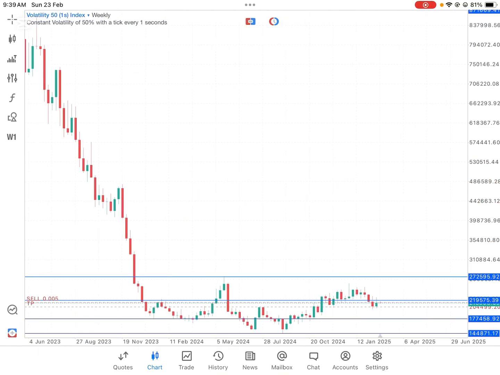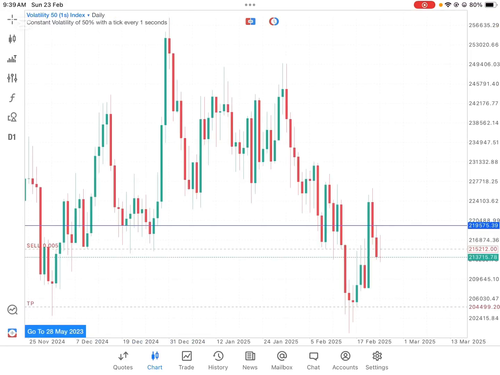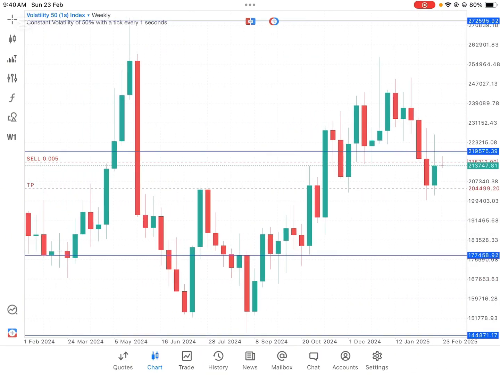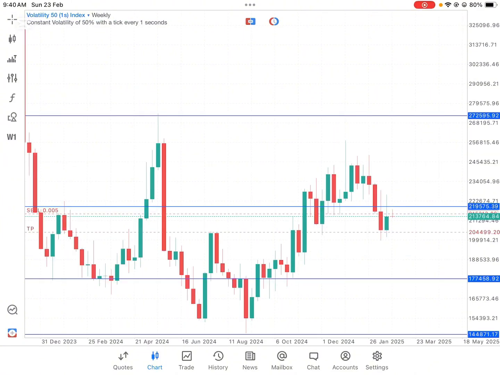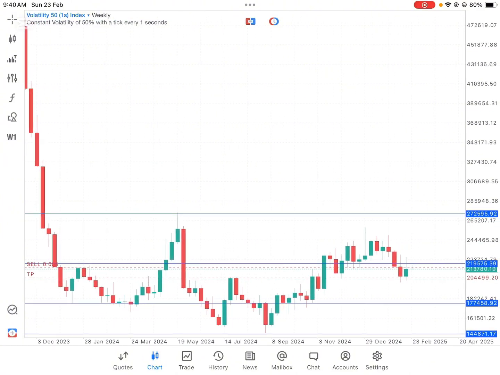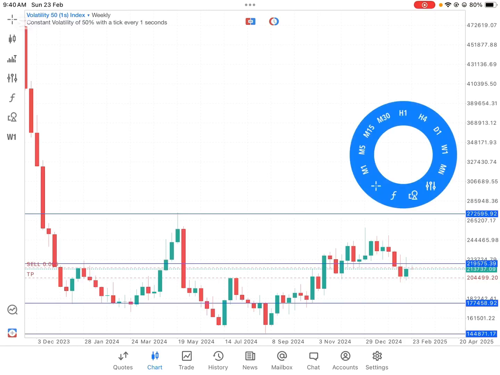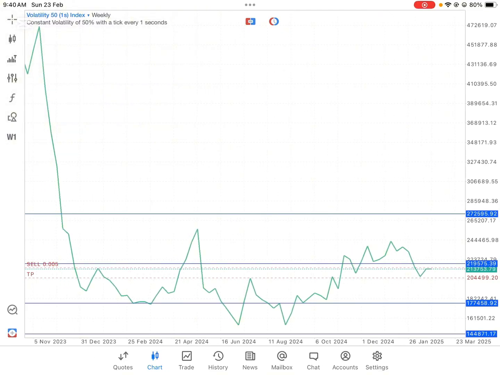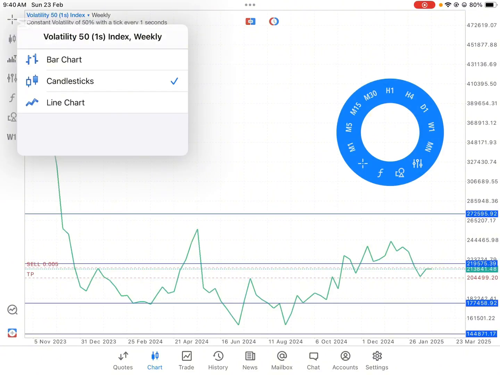If you come to daily, now let's go back to weekly. Let me zoom out so you can see it clearly. You can see the pattern we've had here lately. Can you see the bearish form pattern we had? So let's come back to candlestick.